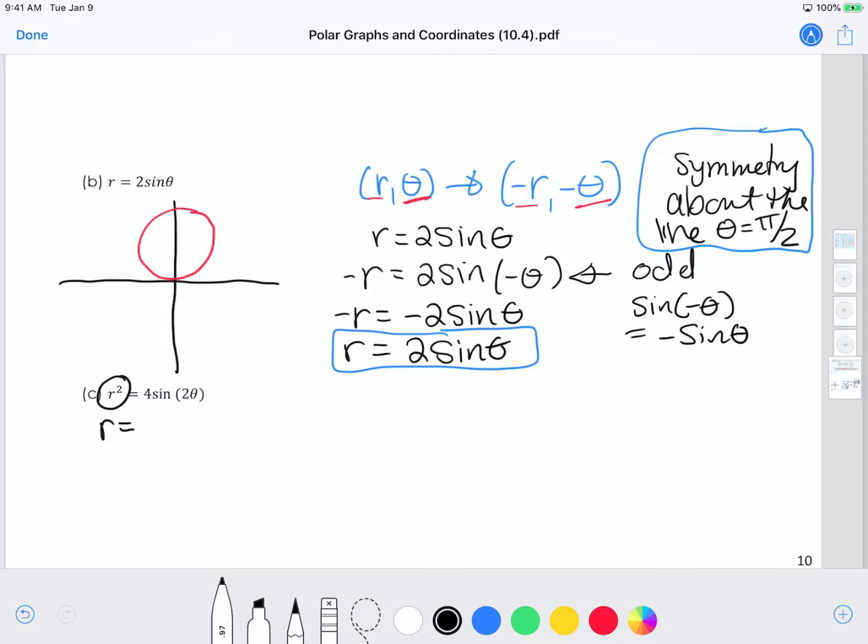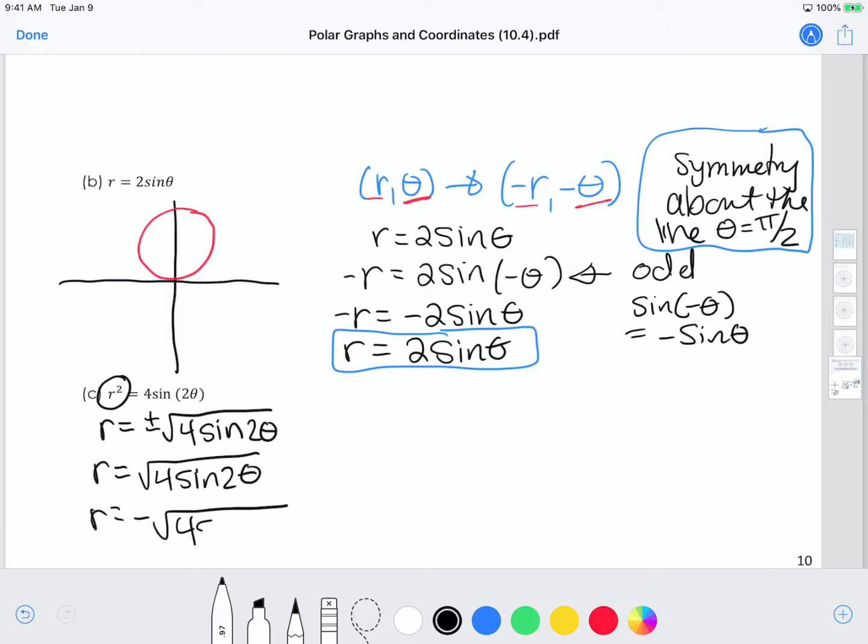So I get r is equal to plus or minus the square root of 4 sine 2 theta. And so when I put this in my calculator, I have two parts. I have to put in one line as positive square root of 4 sine 2 theta, and then I also have to put in negative square root of 4 sine 2 theta. So I have two parts to that equation.